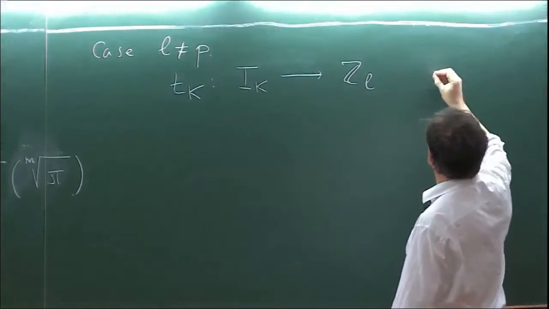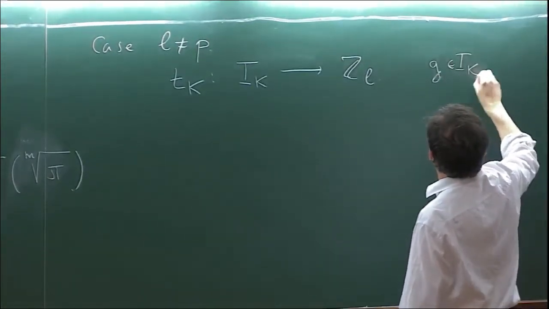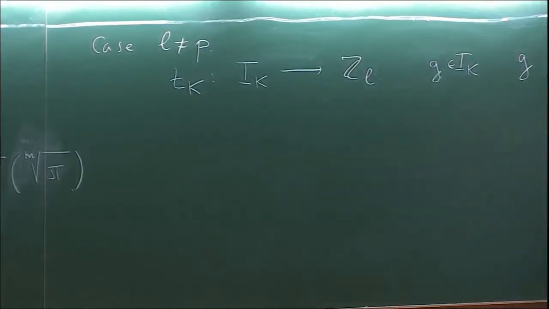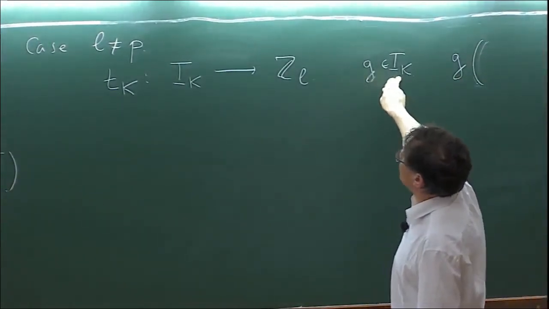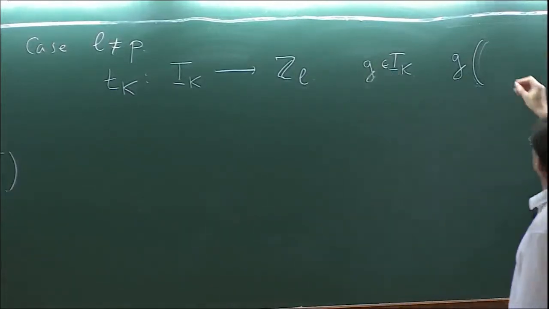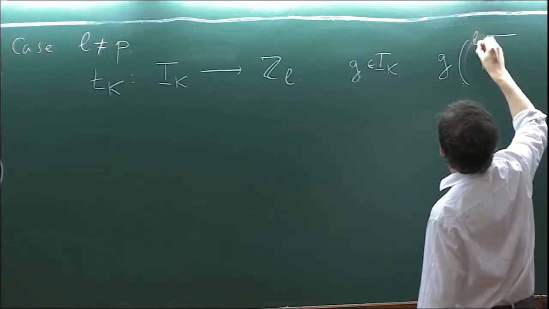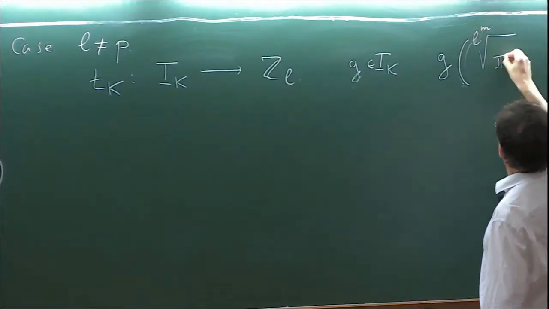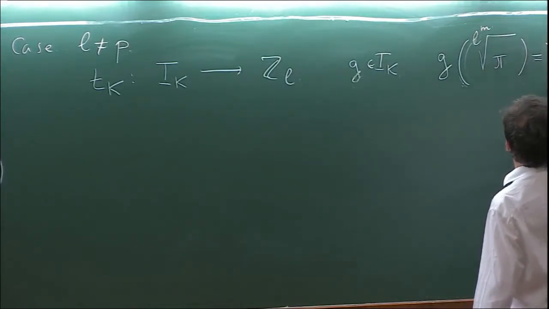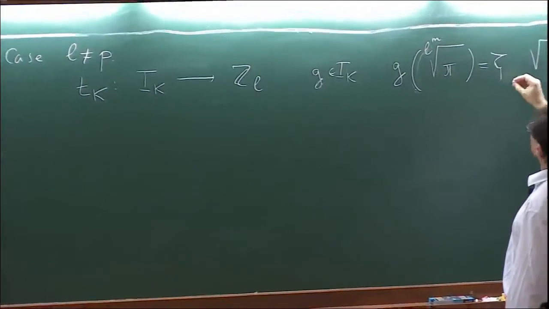So it is given by the following formula. So if an element of the inertia group acts on Lmth roots of a uniformizer, this can be written in the following form.